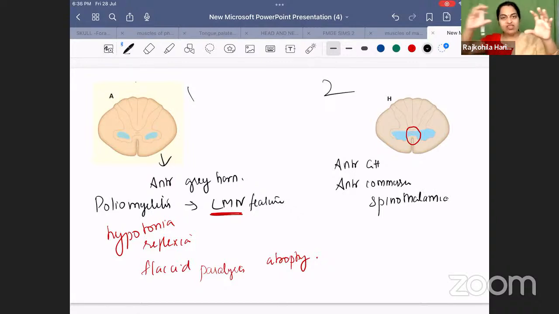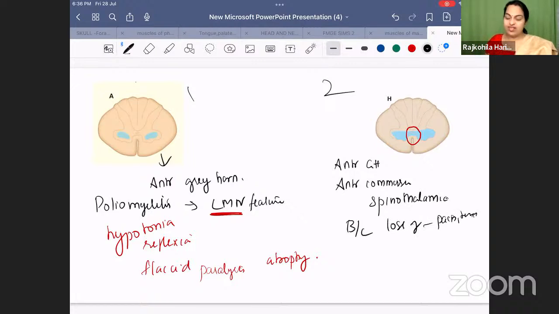Yes. So A is just only the motor neurons in the anterior gray horn. What is there in figure 2? It's involving the anterior white commissure, where there's crossing of the spinothalamic tracts, which is going to receive the sensation from the opposite side of the body. Okay, so there'll be contralateral. Or here it's in the commissure, right? It's going to be bilateral. Bilateral loss of pain and temperature.